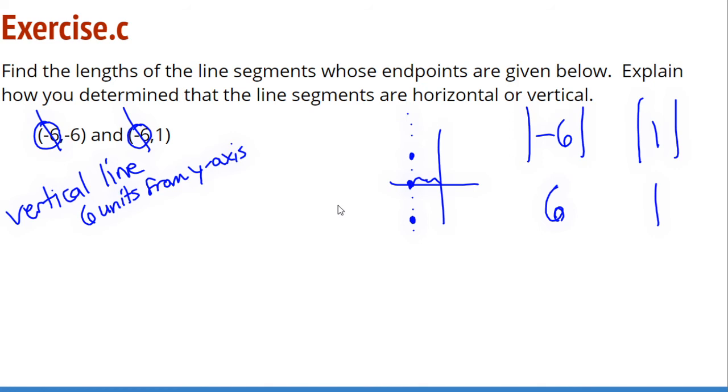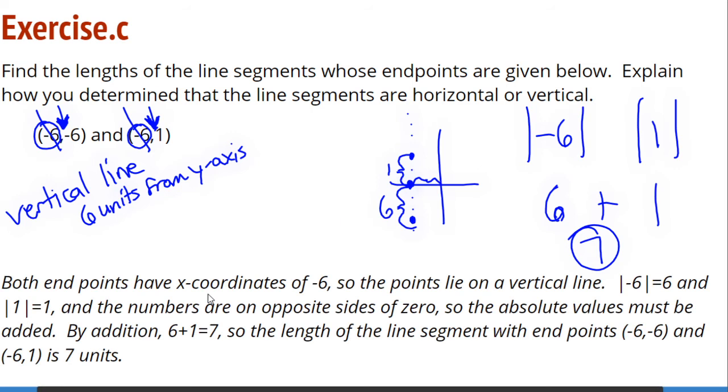If I look at the locations, this one is in the negative, so it's below the 0. This is in the positive, so it's above the 0. So they're across an axis from each other. If they're across an axis from each other, I need to take the distance they are from the axis and I need to combine those together to find a total of 7 units. These points are 7 units apart.